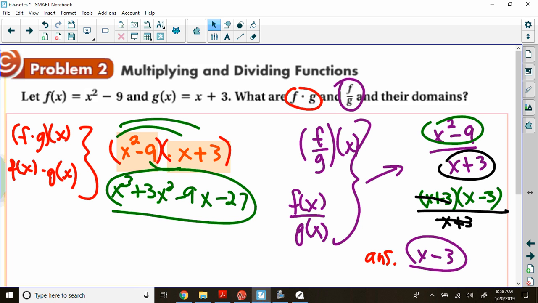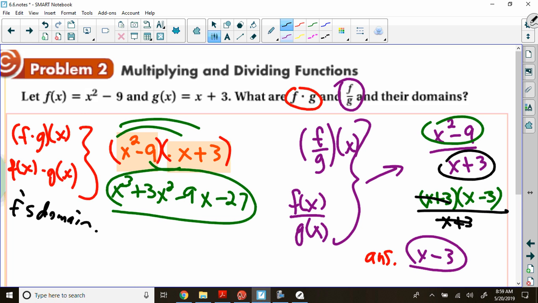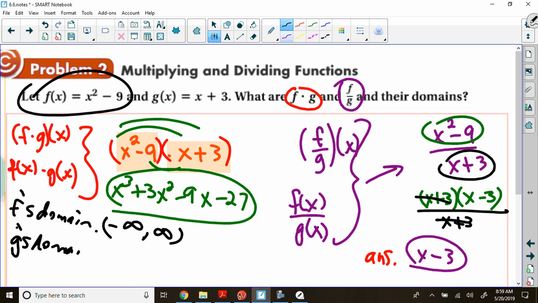And again, they ask, what are their domains? So part of this is pretty easy for the domains. If we look at f, the function f is this parabola. Parabolas are not restricted. F's domain's all real numbers. If we look at g, the function g, it's a line, and we said that there's no restrictions on a line.